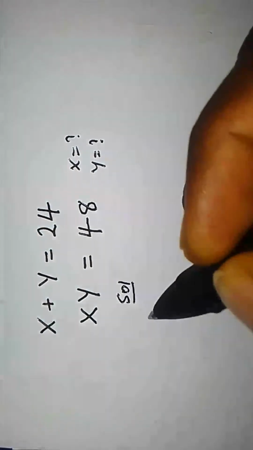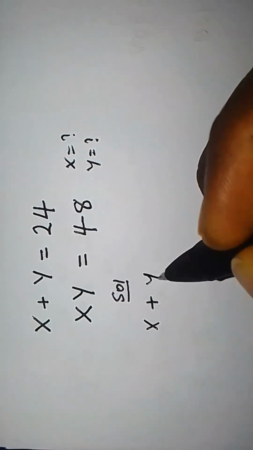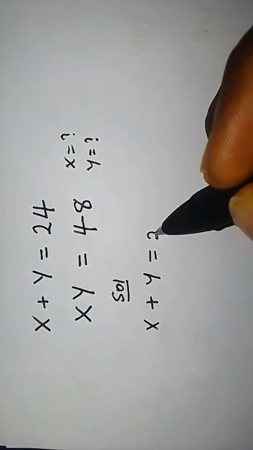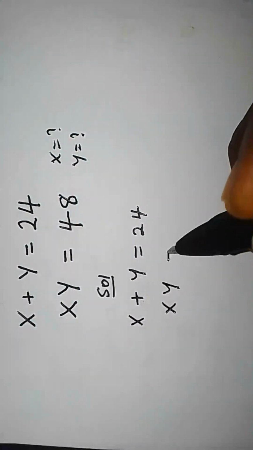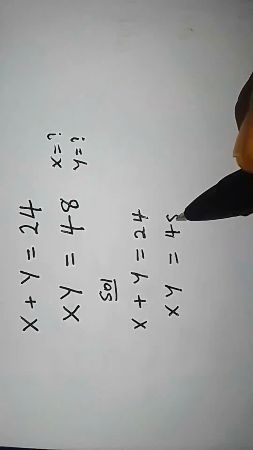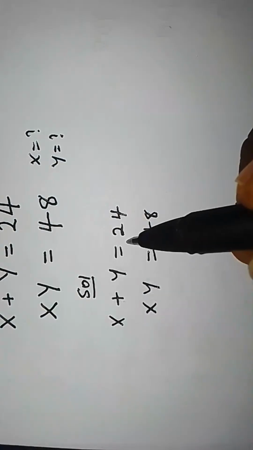Solution. We have x plus y equal to 24 and xy equal to 48. Let us consider this first equation.